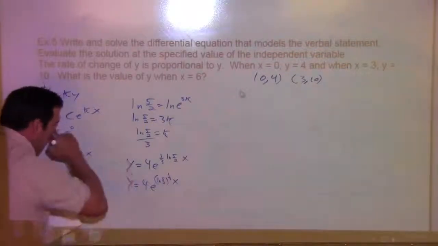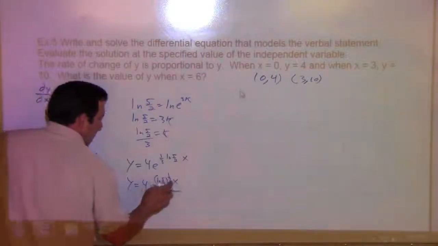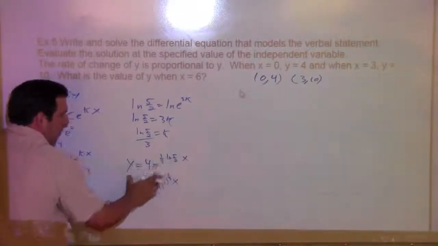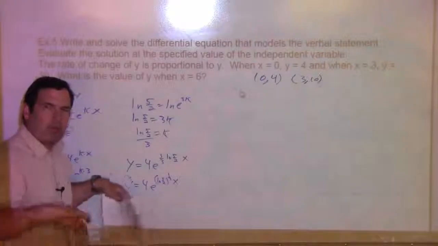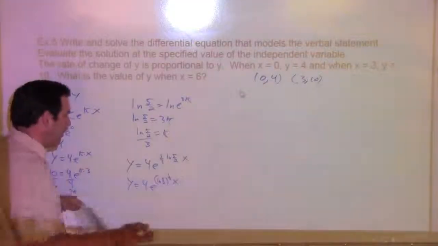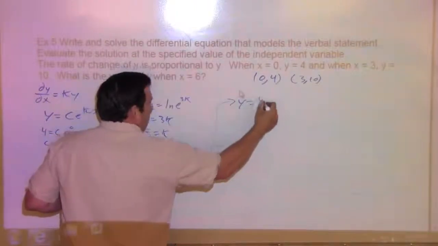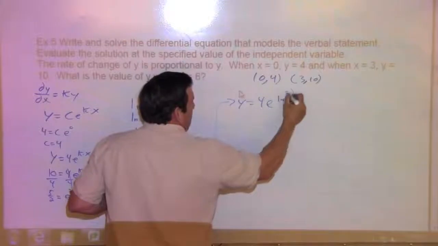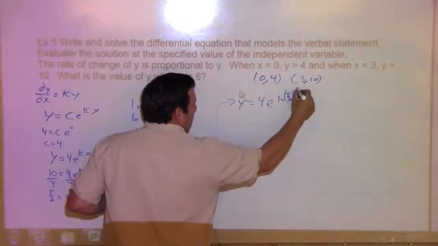You could leave it like this up here. Either one's fine. I'm going to suggest you consider this, be open to it. Don't feel like you have to do it, though. You could treat this as y equals 4e to the natural log of 5 halves, with 5 halves being raised to the power of x over 3.